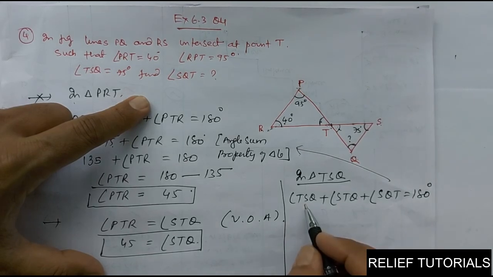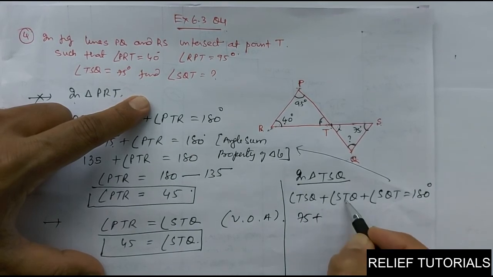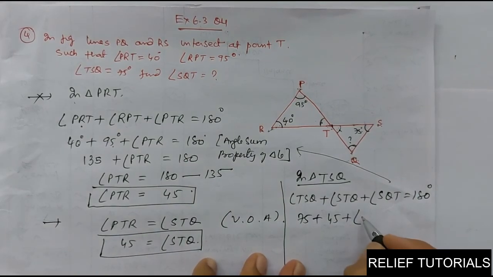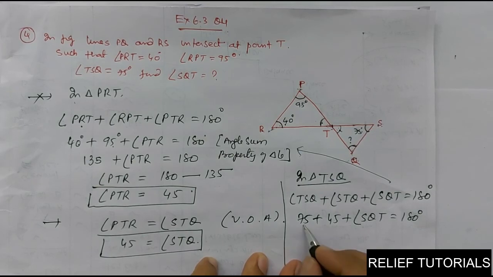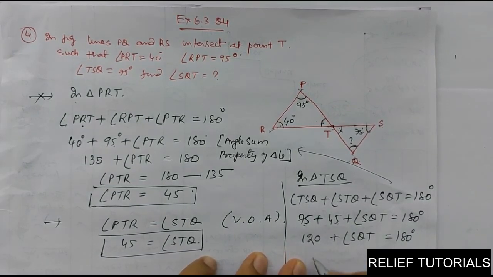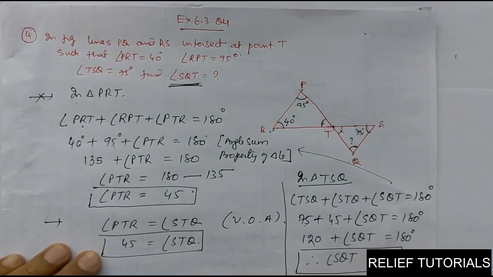Now TSQ is 75, STQ we have found out, that is 45, plus angle SQT is equal to 180 degrees. Now the sum of 75 and 45: 5 plus 5 is 10, carry 1, 8, 12, so 120 degrees plus angle SQT is equal to 180 degrees. Therefore angle SQT is equal to 180 minus 120, that is 60. So you have found angle SQT is 60.